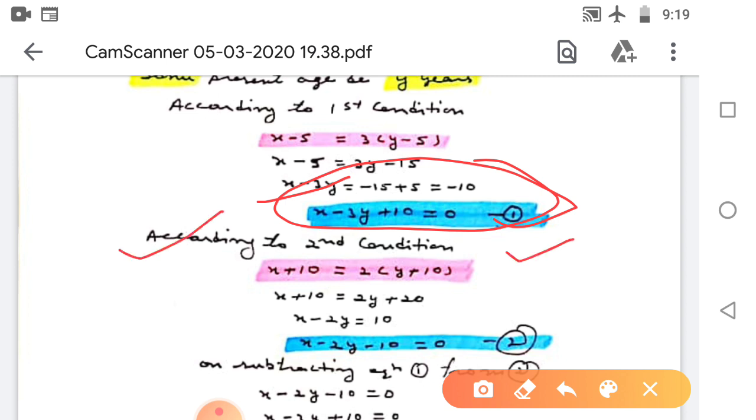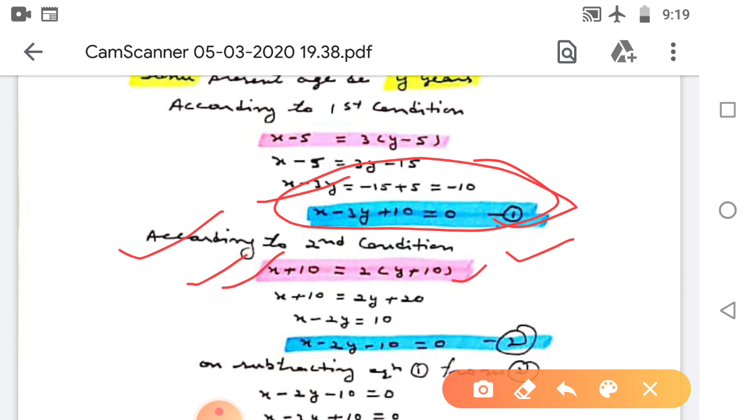In the second condition, 10 years later, it means after 10 years, Nuri's age will be x plus 10, and Sonu's age will be y plus 10. Nuri's age will be twice as old as Sonu.